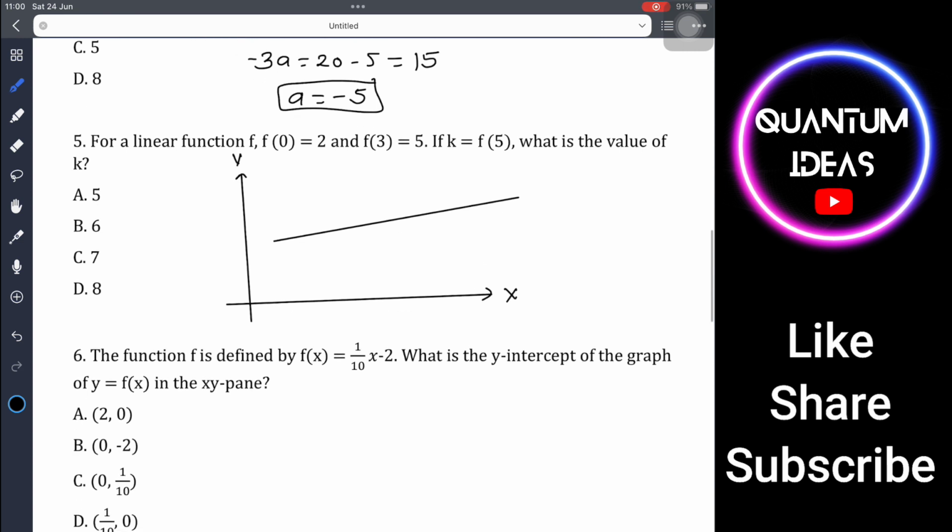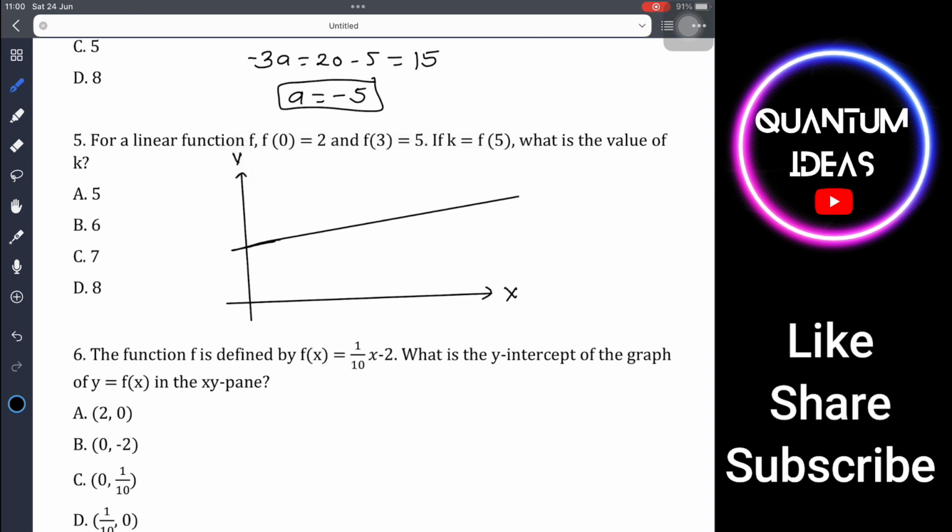So we are given the point f of 0 is 2, the value of y is 2. So we have this point. This is where the value of x is 0, and f of 0 is 2, right? The value of y is 2. And we are given another point, where the value of x is 3.